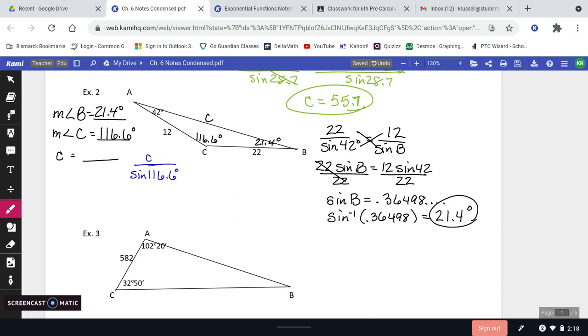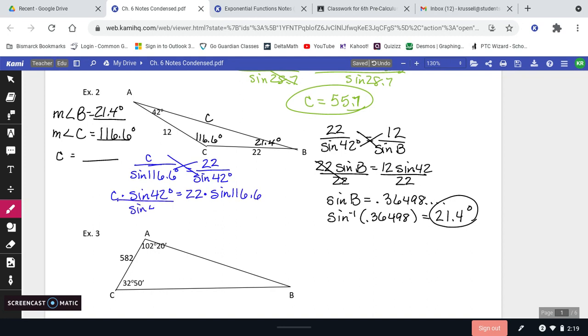So I'm going to have C over sine of 116.6 equals, and I think I'm just going to go back to my original information, side A is 22 over sine of 42 degrees. Cross multiply. I'm going to have C times the sine of 42 degrees equals 22 times sine of 116.6.